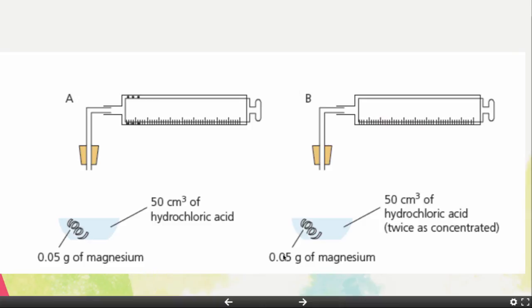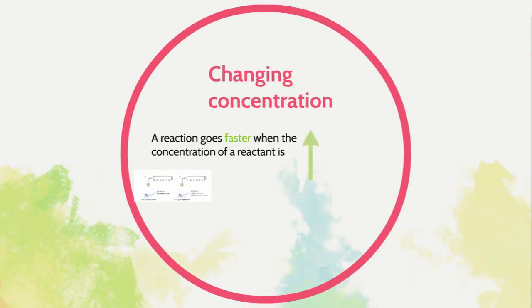And in experiment B, I'm putting the same amount of magnesium, 0.05 gram, and I'm adding the same volume of hydrochloric acid, but I make it twice as concentrated. So if here it is 1 mole per liter, in experiment B, I'm going to make it 2 moles per liter. Okay, twice as concentrated compared to experiment A.